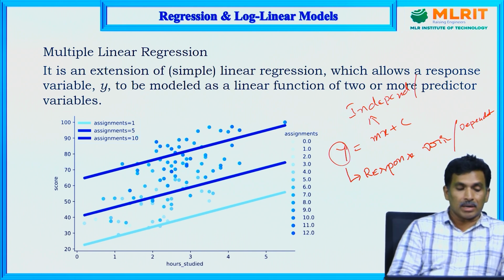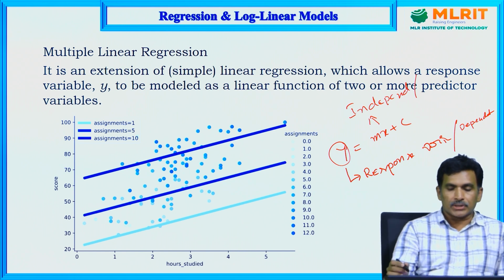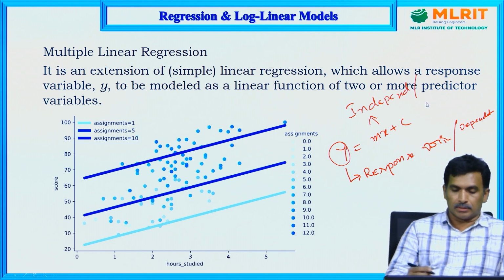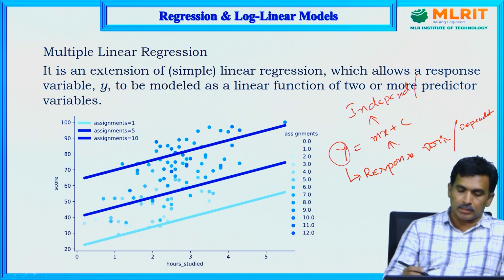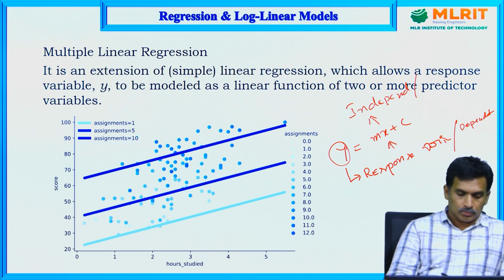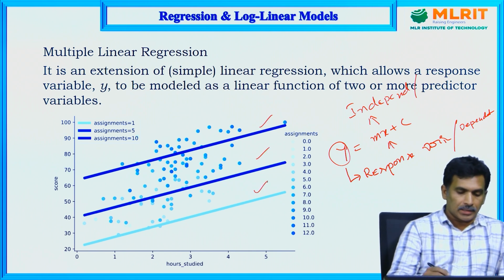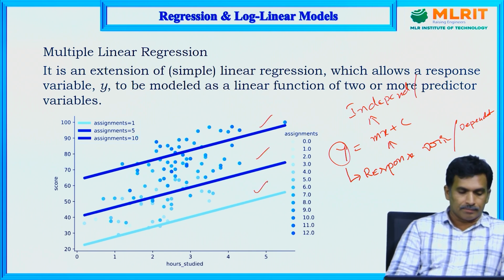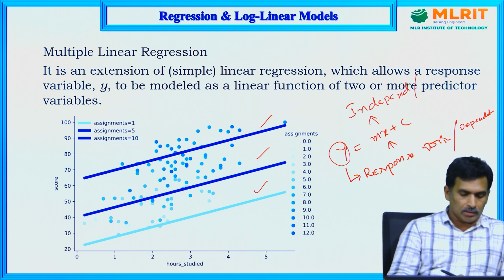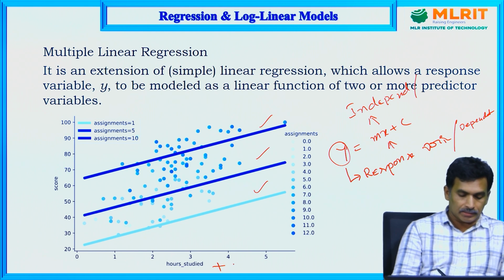But in multiple linear regression, it is a linear function of two or more predictor variables. Here you can see three regression lines, one for each assignment score, because the score is calculated based on the hours studied plus the assignment.